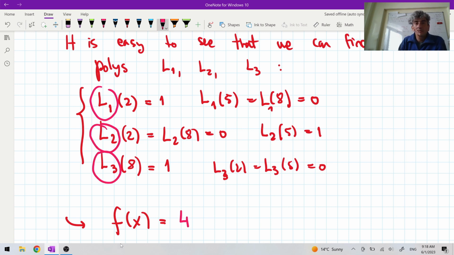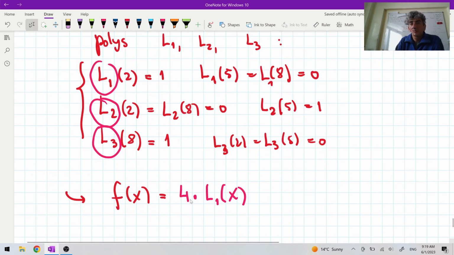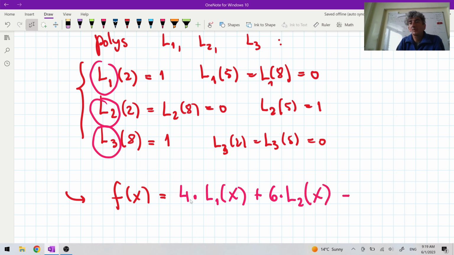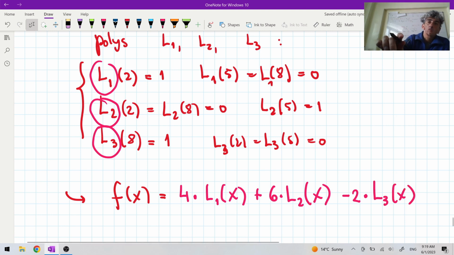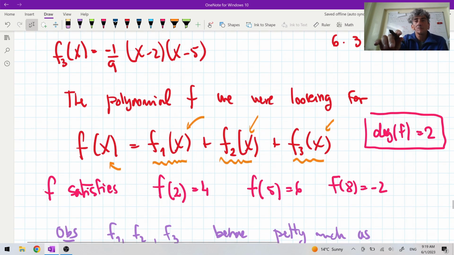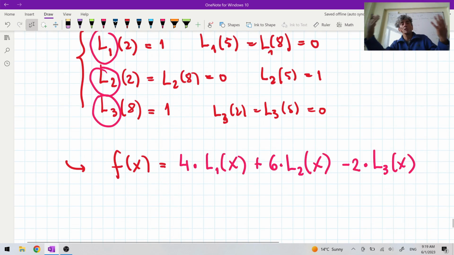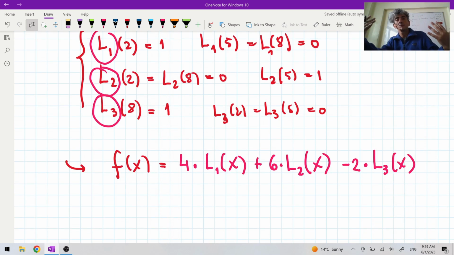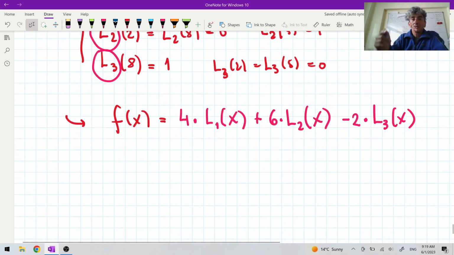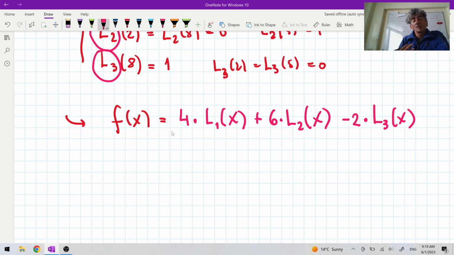Simply by saying, okay, I want to take the value 4 when I evaluate at 2. I want to take the value 6 when I evaluate at 5, and I want to take the value -2 when I evaluate at 8. So what we have just done, building F1, F2, and F3, can also be seen as building these canonical polynomials and combining them to find f. So what we have done is we have built f using Lagrange interpolation.